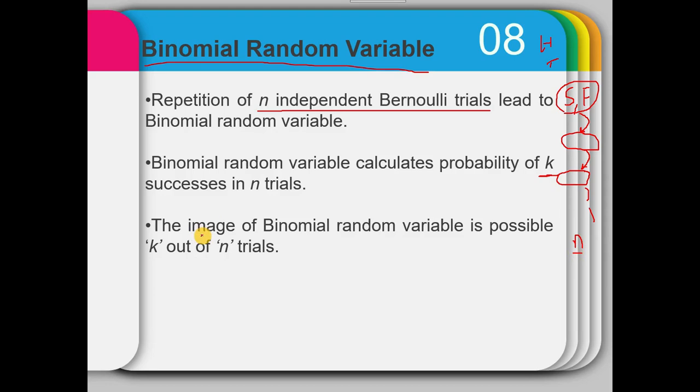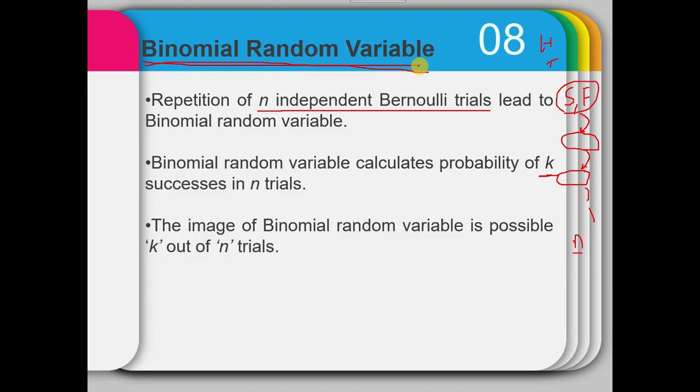So this is the definition that completes a binomial random variable: the image of a binomial random variable is the possible k out of n trials. Because I have conducted n experiments, and in these n experiments I could have k successes at different points, at different positions. So if I want to find out the probability of k successes in n different trials, then I am talking about the binomial random variable.